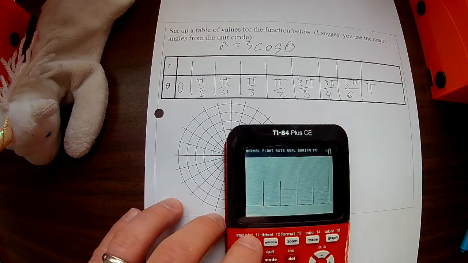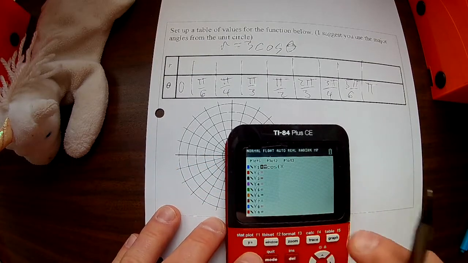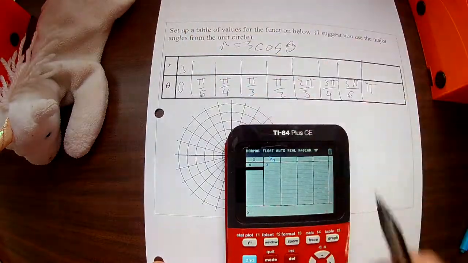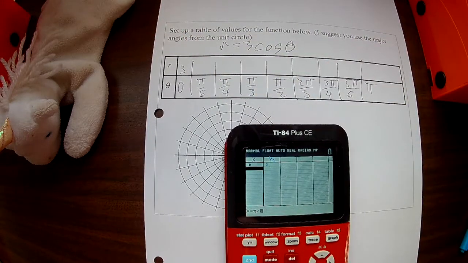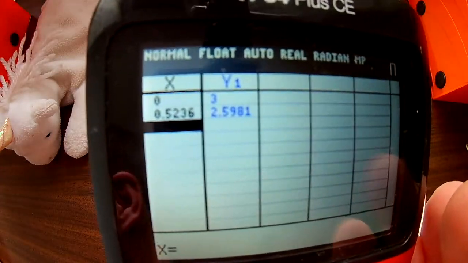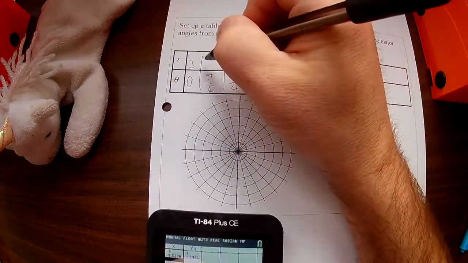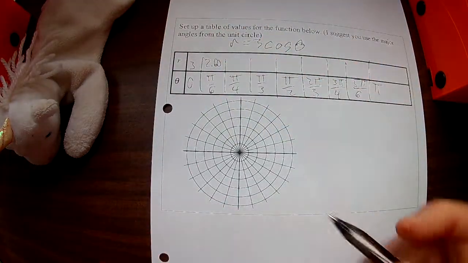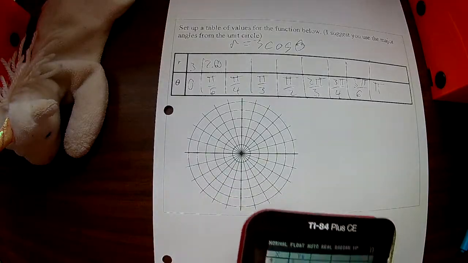So like I know, again, I have this plugged in as 3 cosine of x. I go to my table, I can plug in 0. Okay, 3 pi over 6. It's just auto-populating. Can you guys see that? It's giving me the numbers so easily. 2.60. We don't really need to go that accurate because I can't really measure that accurately on here.